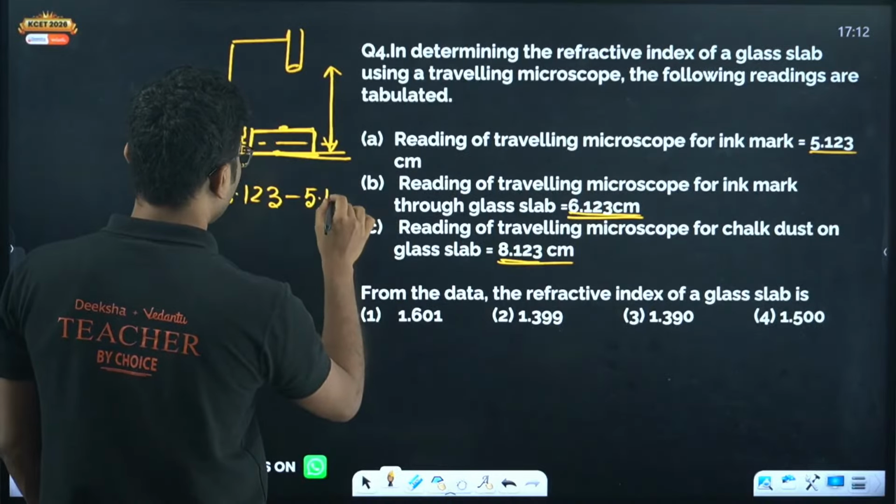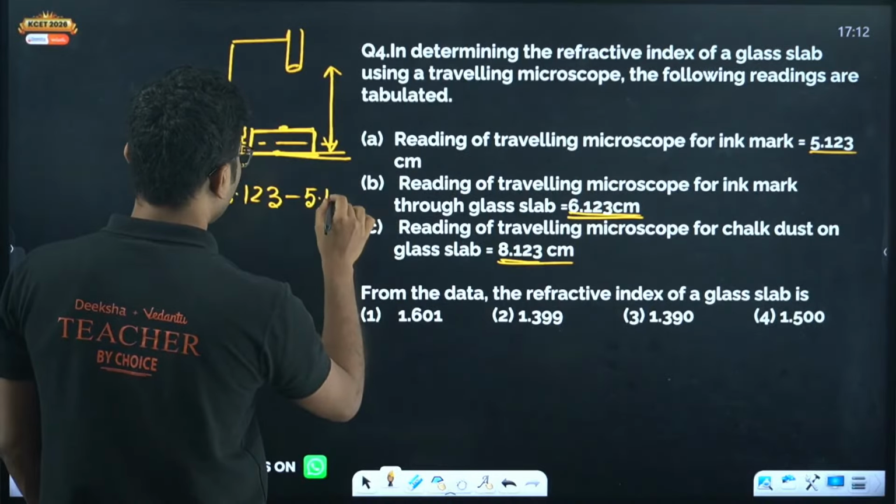So it will be 3 divided by 2. That will be 1.5 and there will be 00. Why 00? Because 1, 2, 3 is the least count, so you have to consider the least count. So the correct answer will be option 4. Option 4, yes, correct.